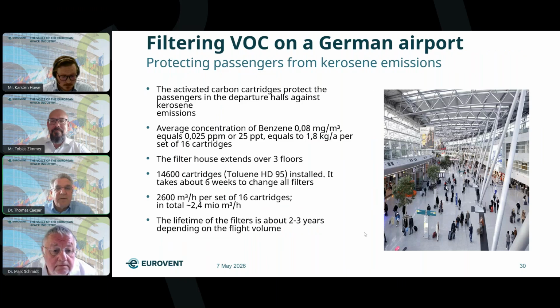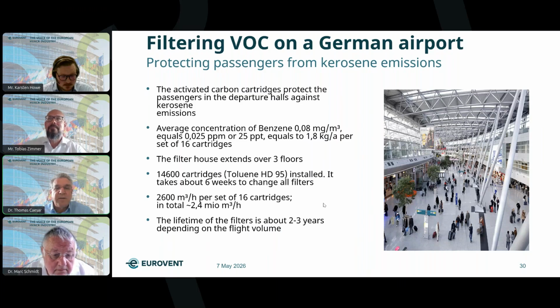So to give you a practical example, this here is from a filter application at a German airport where the passenger area is protected from VOC, or in this case of an airport, mostly kerosene emissions that are filtered out, protecting the passengers in the departure hall.